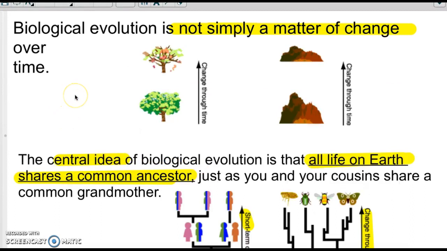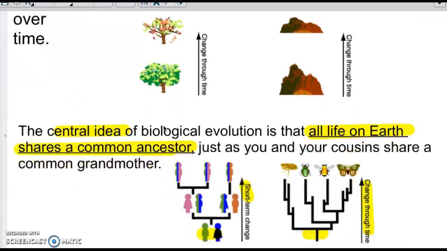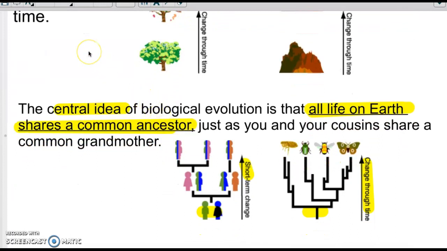So just to remind you that biology is not just simply change over time. It's not like all of a sudden there are leaves and then there's no leaves. All of a sudden there's a little bit of rock and now there's not very much rock. It's not just a single straight line. It's a lot more complex and a lot more things happening. And so the idea of evolution looks more like a branch if you look at this picture, and this idea that all life has shared some common ancestry.